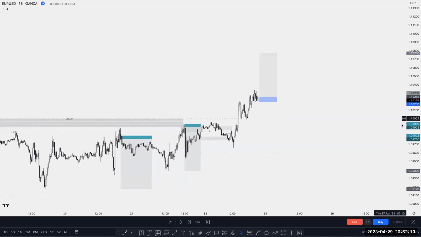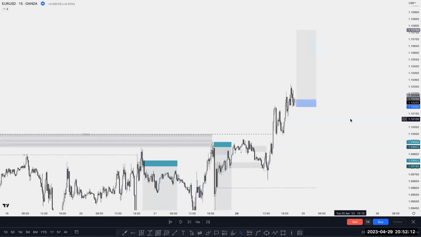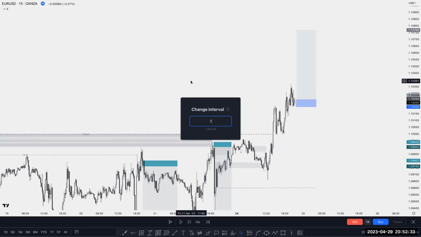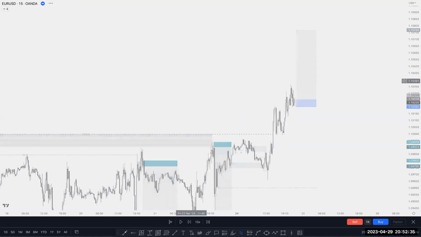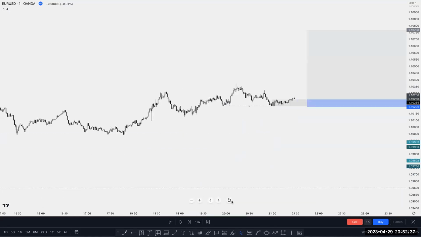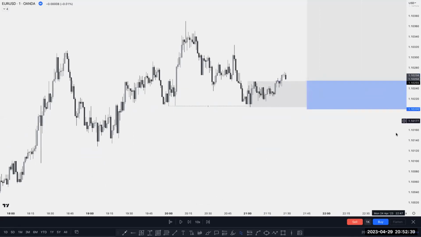So simply you can take entry on this one, and if you wish, based on a 1 minute time frame to refine this zone, then definitely you can take entry here based on a 1 minute time frame. Okay. So first of all, you have to refine into the 1 minute time frame.